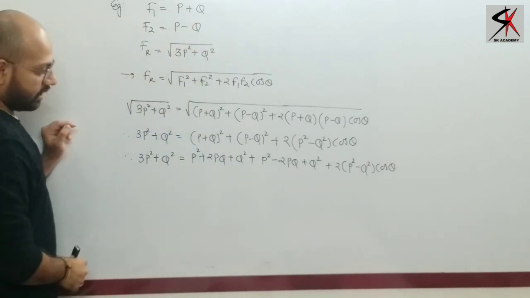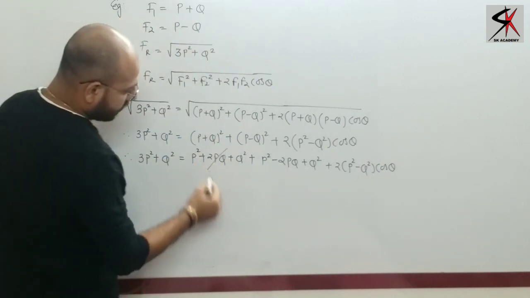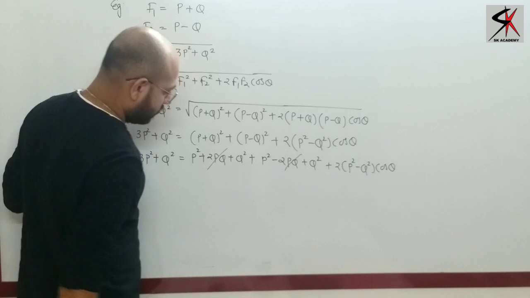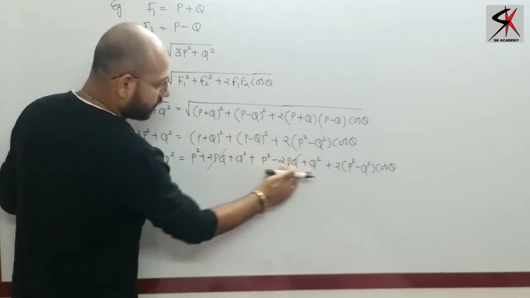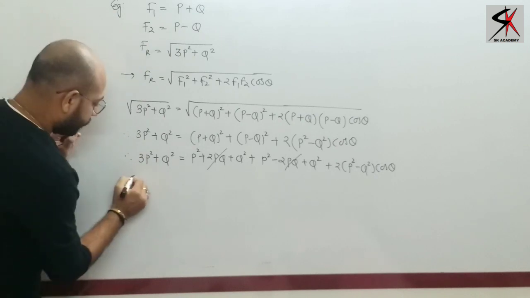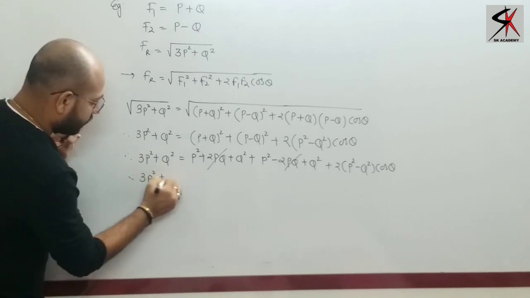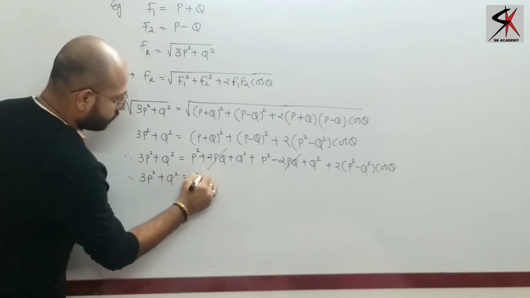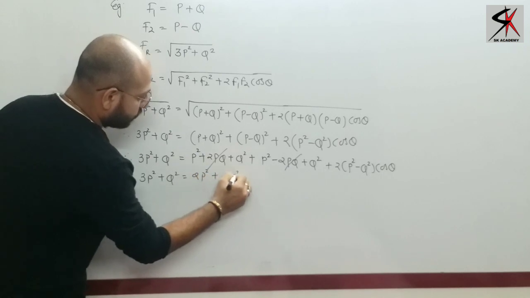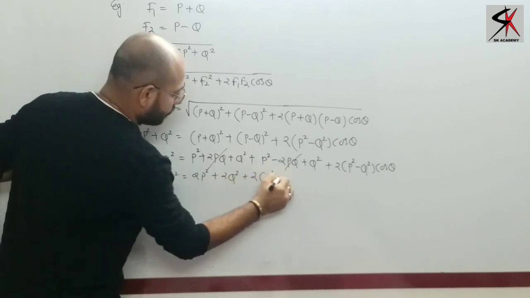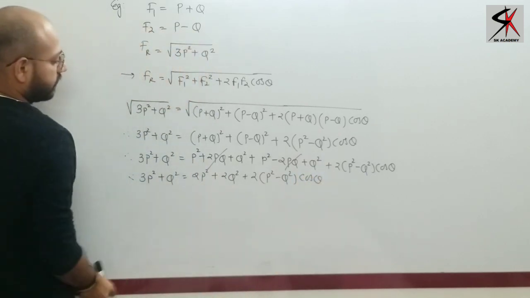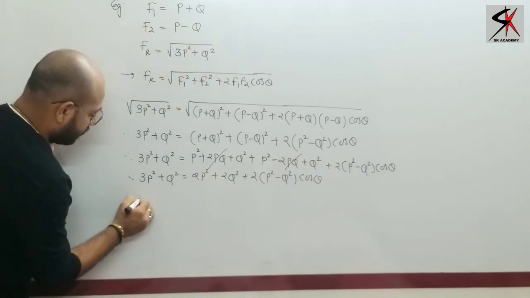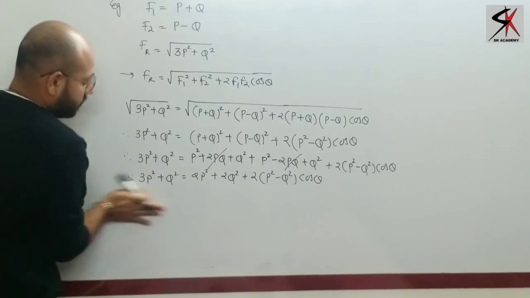Now 2PQ minus 2PQ will cancel. Here P square plus P square is 2P square, Q square plus Q square is 2Q square. So 3P square plus Q square equals 2P square plus 2Q square plus 2(P square minus Q square) cos theta. These two terms will go to the left side.